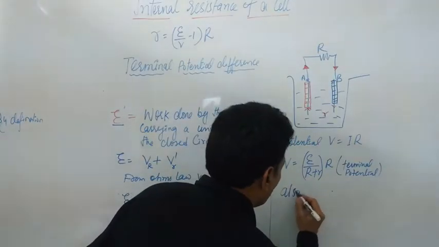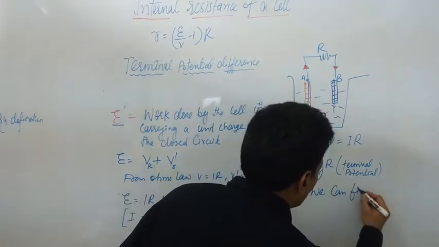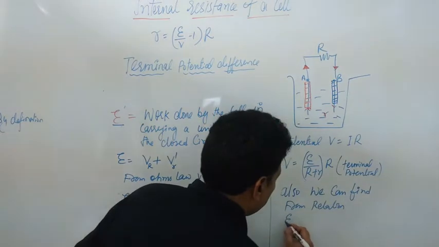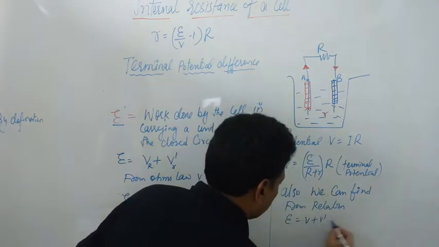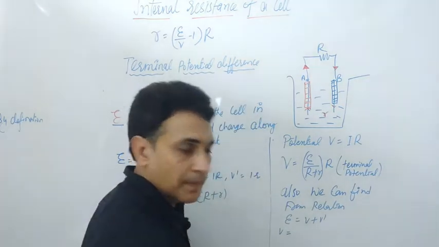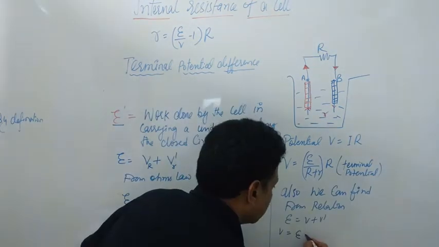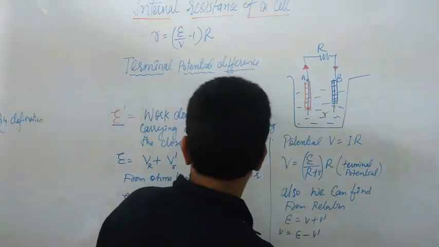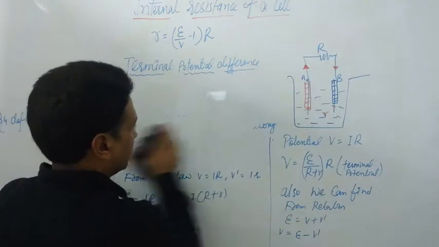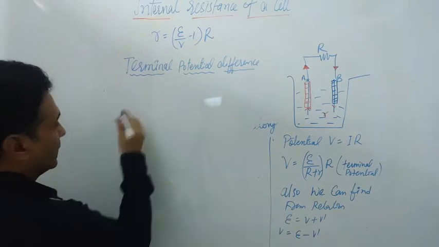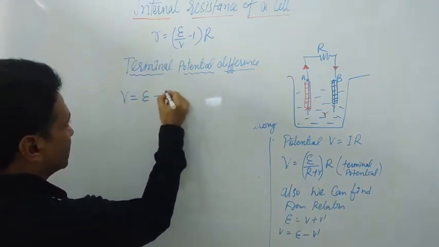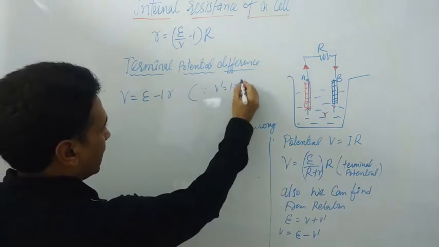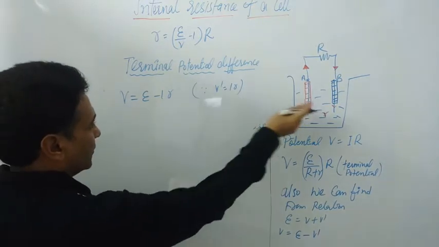So we can find from relation E is equal to V plus V dash, and V dash is equal to E minus V. So we can write here its value, that is V is equal to E minus Ir, because V dash is equal to Ir, potential across internal resistance.